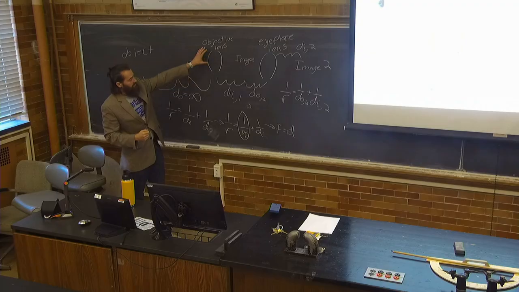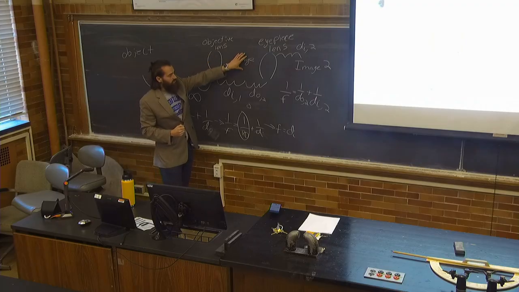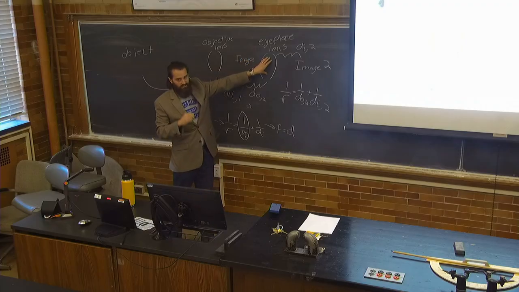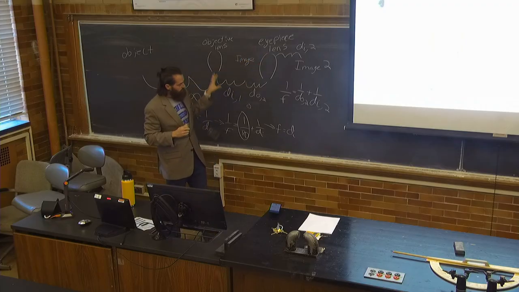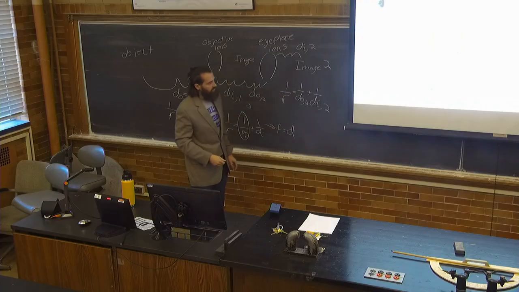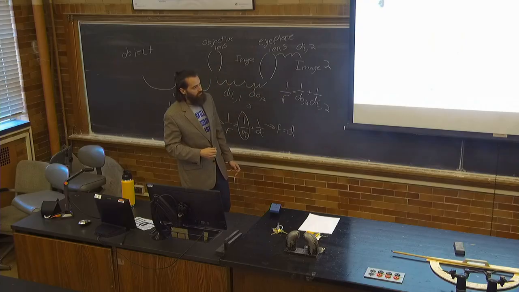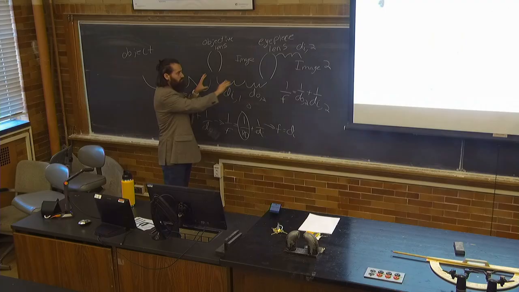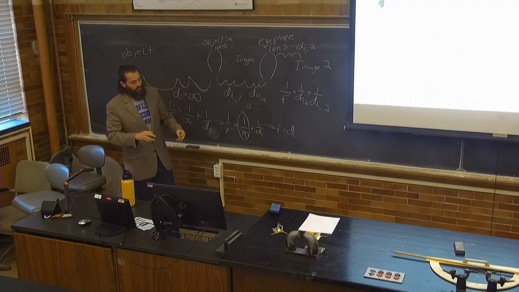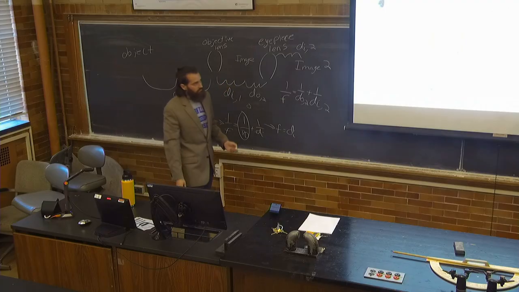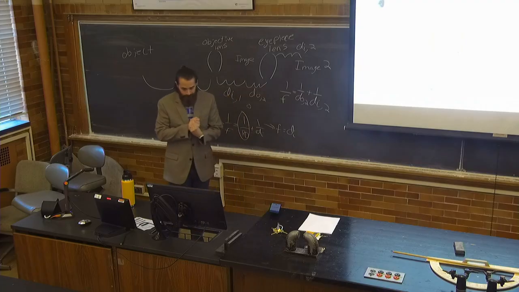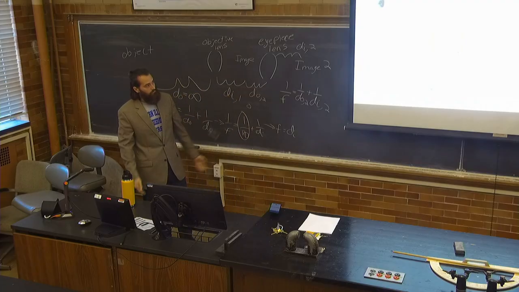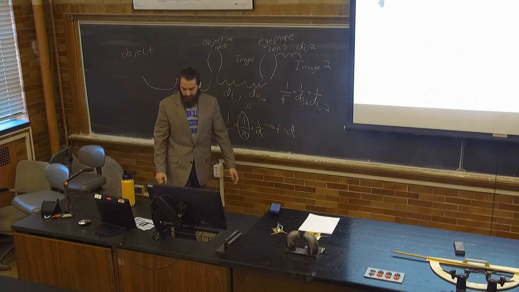So the first lens makes an image, and then that image acts as the object for the second lens. And you can use all of these equations to do your calculations to figure out how far away I need to put two lenses together in order to make something like a telescope. So that's the general principle for why putting two lenses together works and the physics that goes into that.